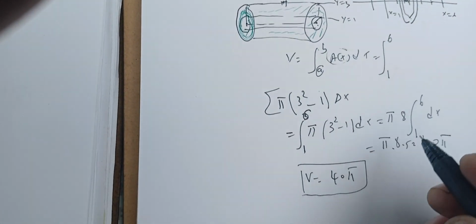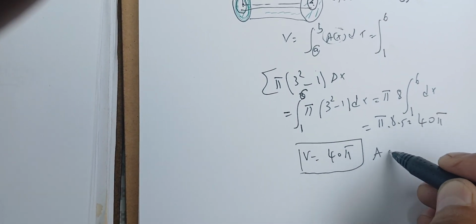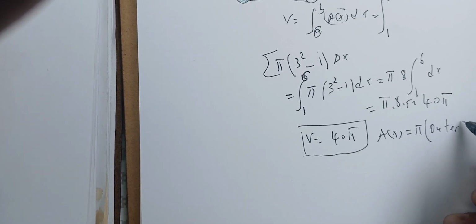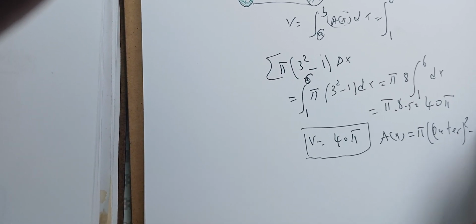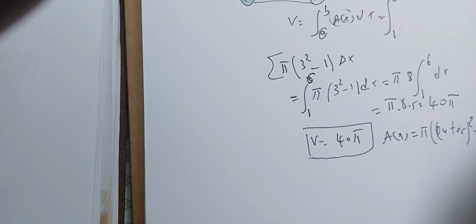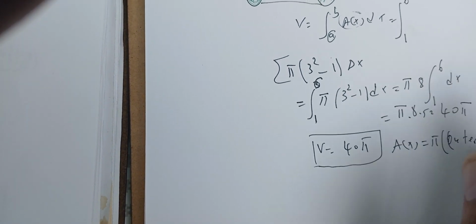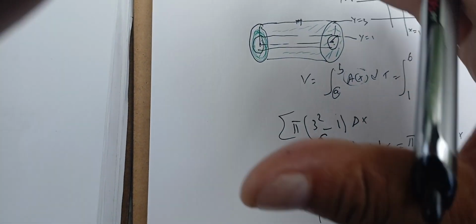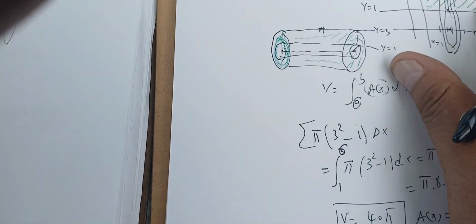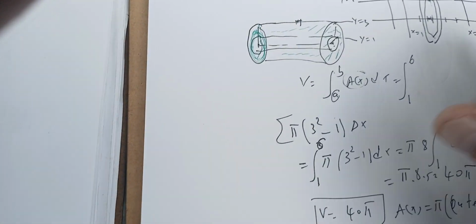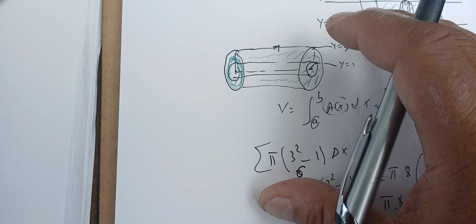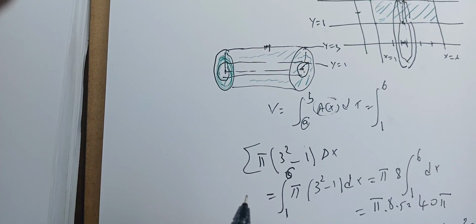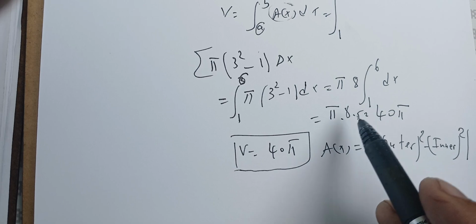Most of the time we think of A(x) as pi times the outer radius squared minus the inner radius squared, because we don't want the area in between. So the outer one gives us the whole area. The inner one takes the area inside. So we have only the volume trapped in between. And that's what's happening here, and that's why we use this formula.